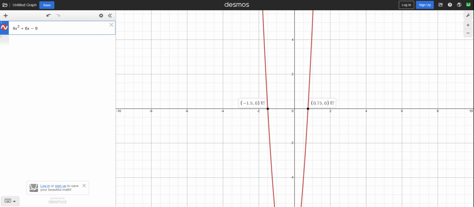So you really don't have to do all this factoring. You could just stop right there, type that into Desmos, and find these. It'll give it to you. Yay!